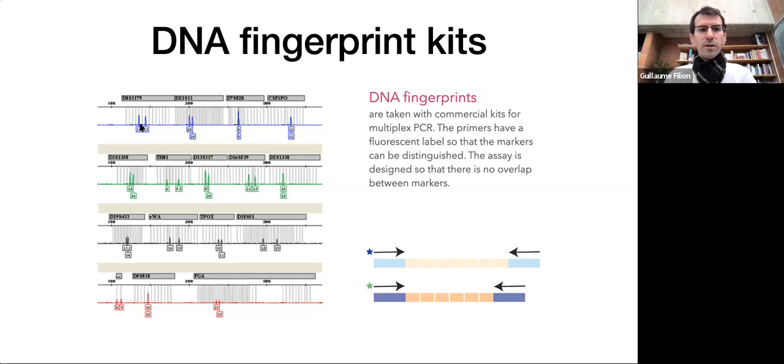So if it's something in this range here on the gel, you have to imagine that this is going from left to right. They have rotated the gel like this, from left to right, and they're just representing the readout with the machine. They're not really showing the bands. But so when you read the blue channel, the one that corresponds to the blue fluorescence here, then what's in the range that is on the left corresponds to just one marker.